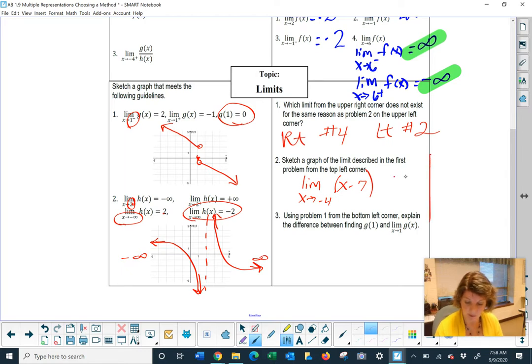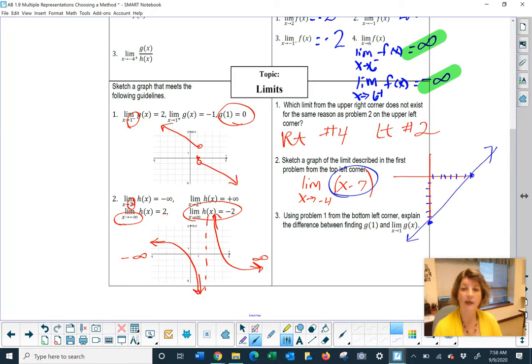So it's going to graph as a linear function. 1, 2, 3, 4, 5, 6, 7. So there's negative 7. 1, 2, 3, 4, 5, 6, 7. There's positive 7. I have a linear function of x minus 7.